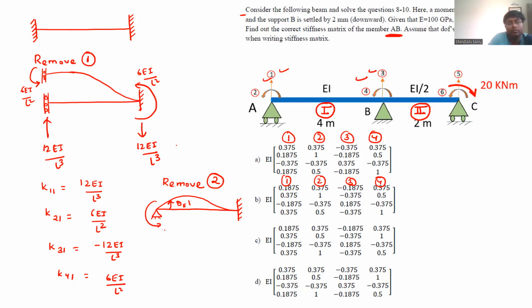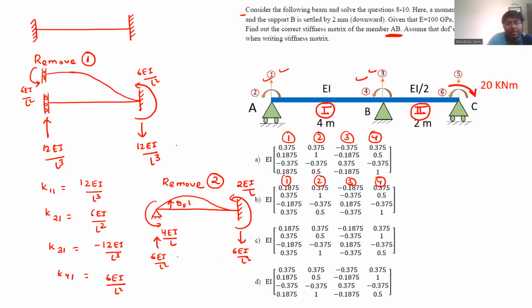Now tell me, 4 EI by L, and 2 EI by L. The reactions will be 6 EI upon L square.